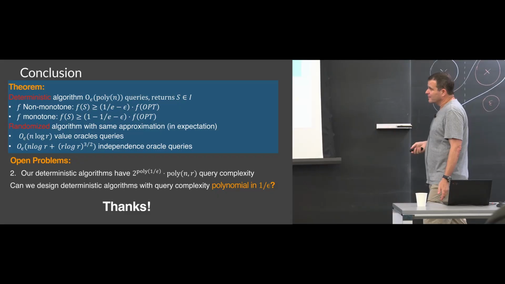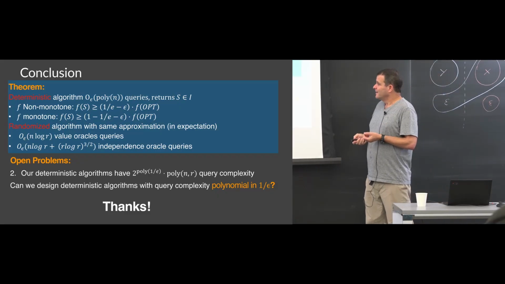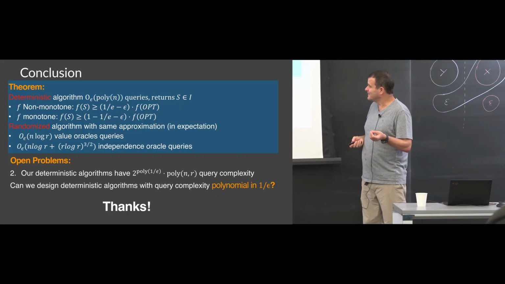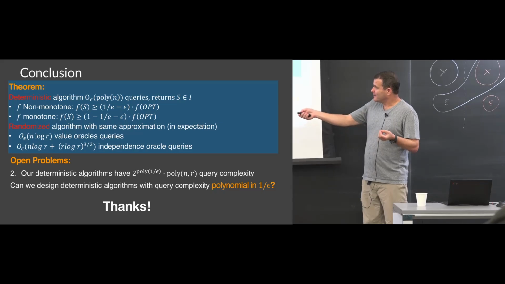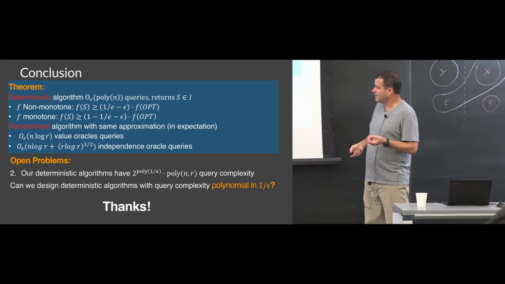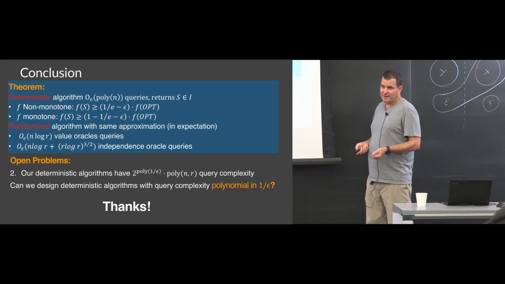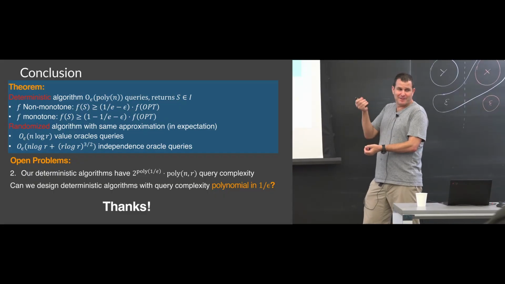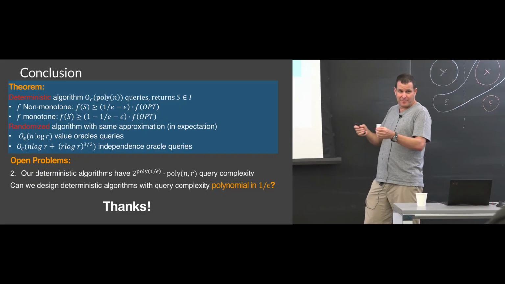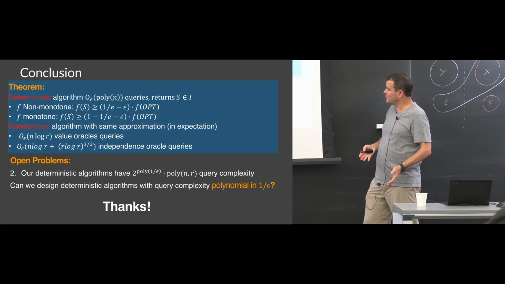The most important question, in my opinion, is the following, which I hid quite well. Our deterministic algorithms are actually efficient PTAS. So what is the dependency on epsilon? Think about the colors. If you have 1 over epsilon colors, you have 2 to the 1 over epsilon subsets that you need to evaluate.